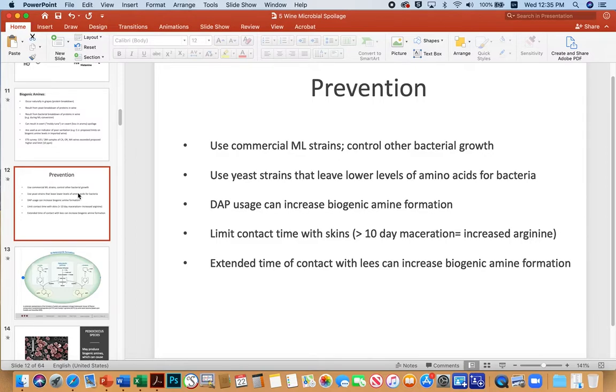But you could also increase the output of arginine, right? And so, as I've already shown you, that arginine can be converted to ornithine, and in turn, ornithine can be converted to putrescine, which is the biogenic amine. One of the other things that happens in this type of metabolism, though, is that arginine conversion to ornithine can also result in the formation of urea.